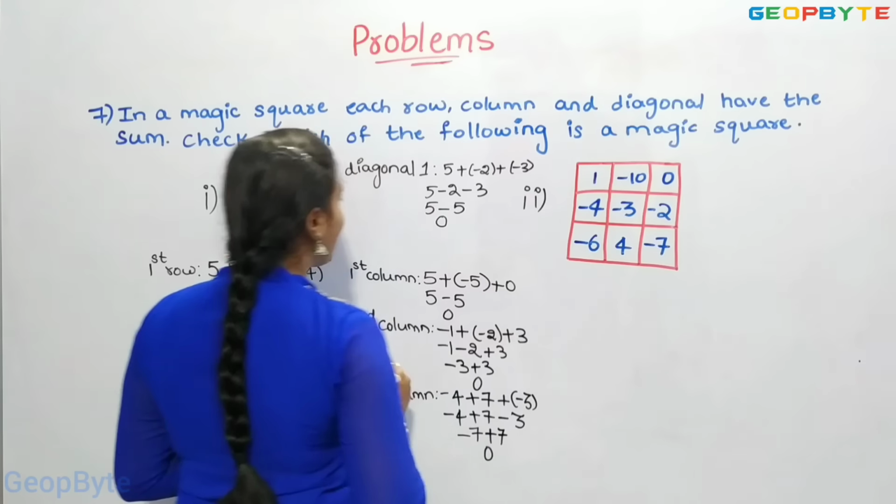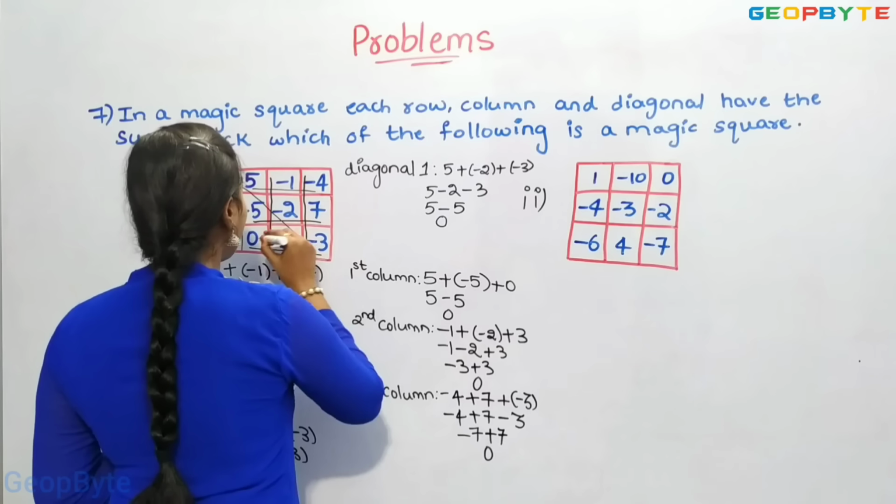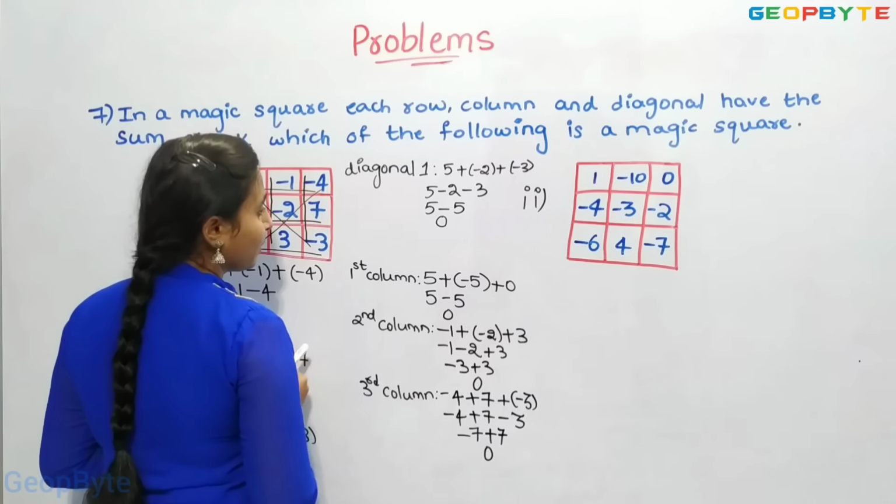Answer is 0. Now, let us check with the second diagonal.